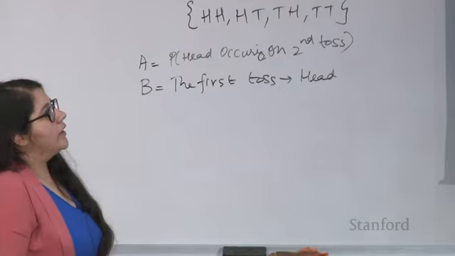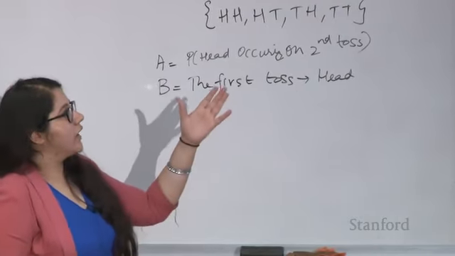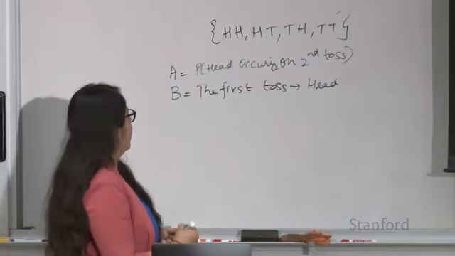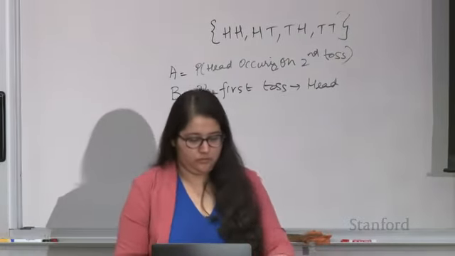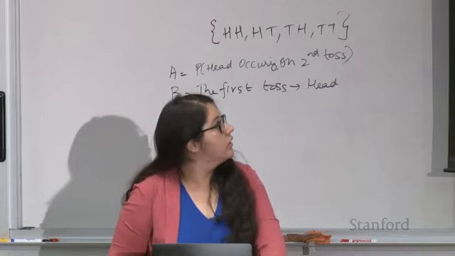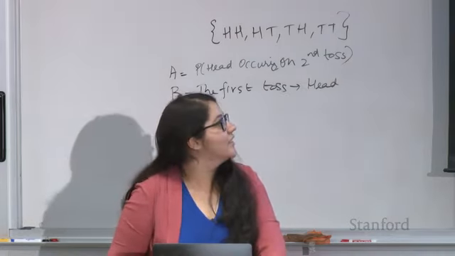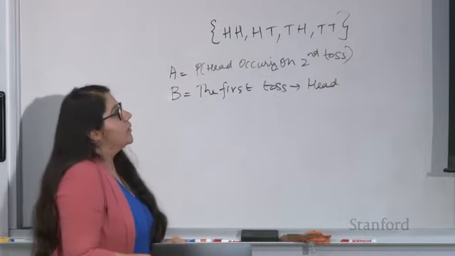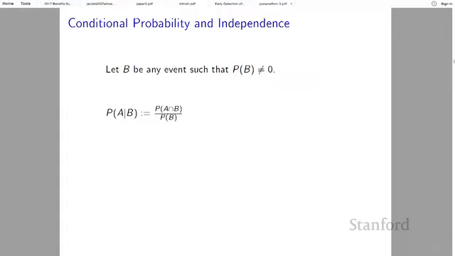So in this case, how will we define the probability of A intersection B?